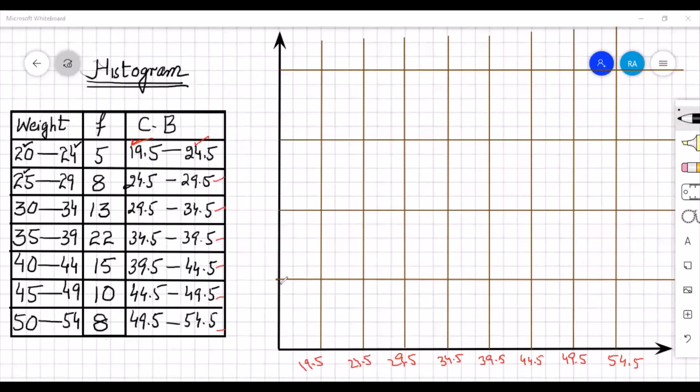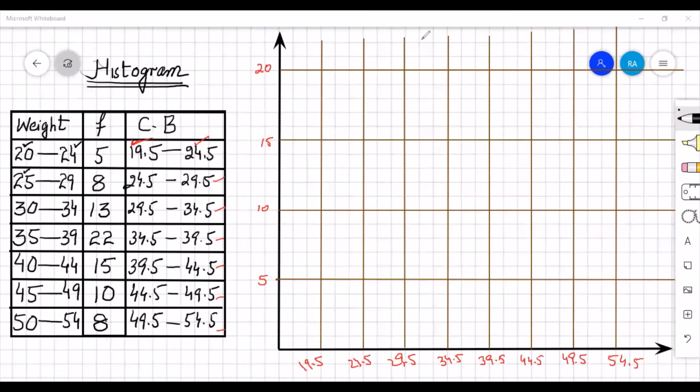To make the graph of frequencies along y-axis, we select the scale 5 squares equal to 5. This will be 10, 15 and 20.